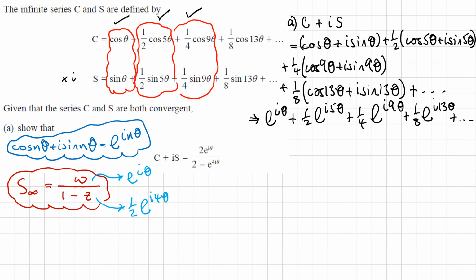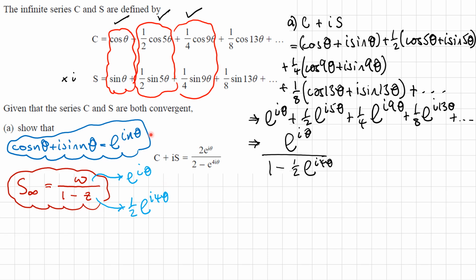So the infinite sum is equal to e to the i theta over 1 minus a half e to the 4i theta.